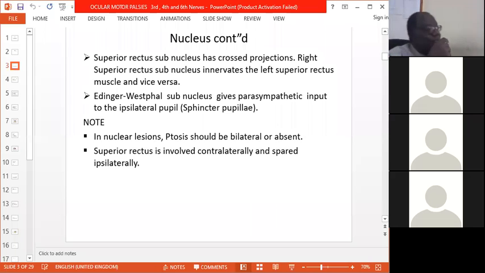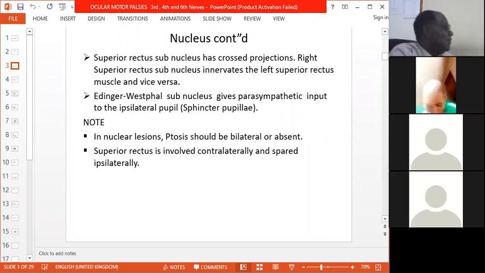No, when you say cross projection, it means functionally, it's this eye working, but the innervation is coming from that nucleus, which is across. In nuclear lesion, ptosis should be bilateral because they are all from the nucleus going there. Superior rectus is involved contralaterally and the levator is spared.